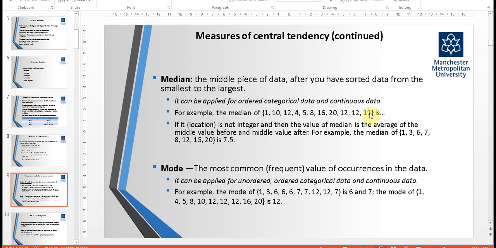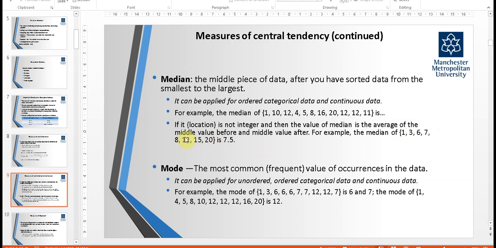So in this case, we've got 1, 2, 3, 4, 5, 6, 7, 8, 9, 10, 11 numbers. So the number that sits in the middle will have a 5 on the left and 5 on the right, but it's not 8, of course, because it hasn't been arranged from the smallest to the largest yet.